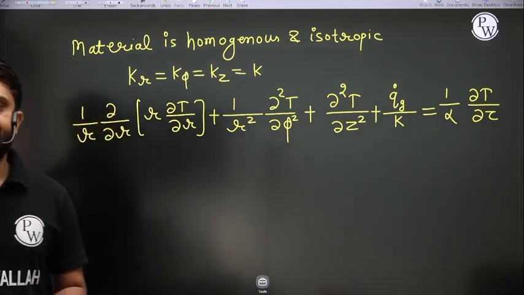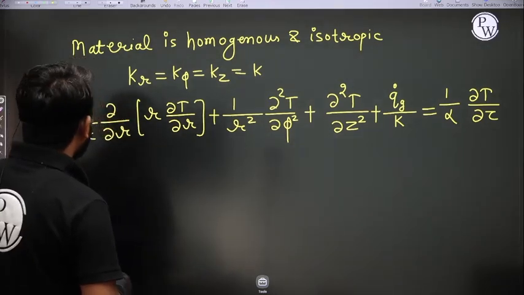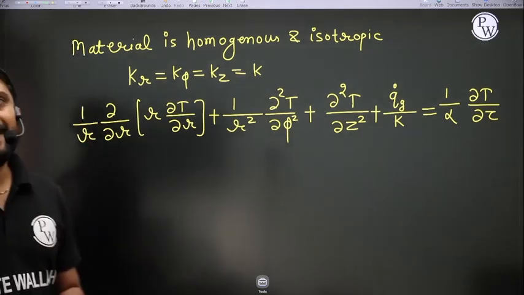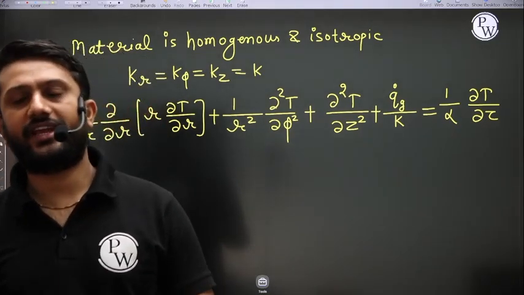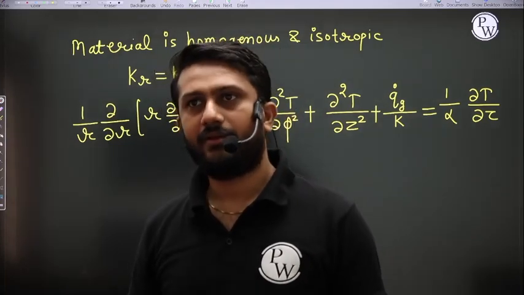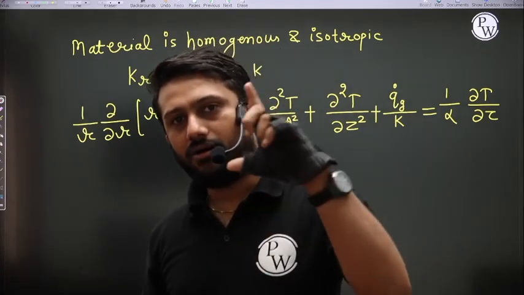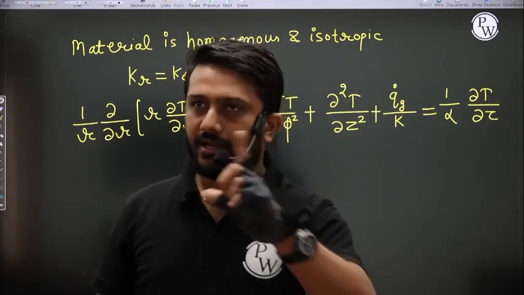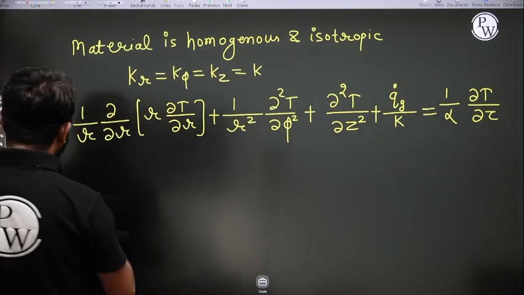Is it clear? Okay. Now see, from here we can write the Poisson equation, the Laplace equation, and the diffusion equation also. We already discussed all these three equations in the Cartesian coordinate system. So what is the Laplace equation?